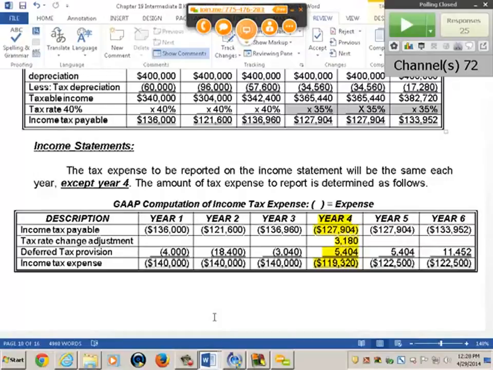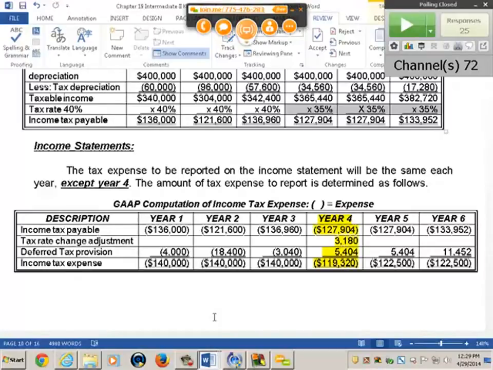If you take the 3180 and divide it by GAAP income, you get the effect or the impact on the effective tax rate of 0.9. Now, in a footnote, you have to explain this to the reader, because the reader is expecting what? 35%, and you're showing them 34.1, and as a result, you would have to show in a footnote that the change in the tax rate caused the effective tax rate to be lower.